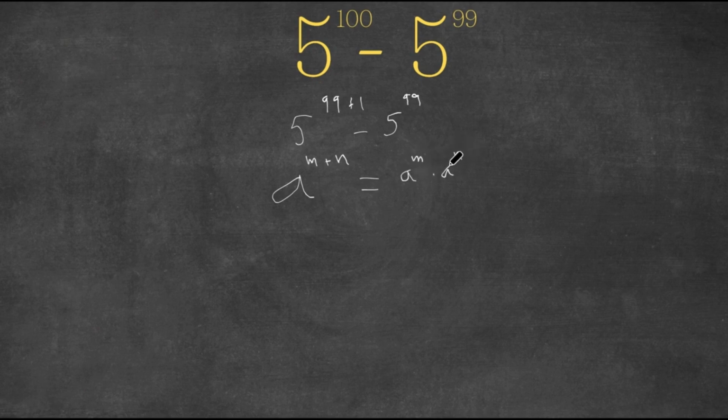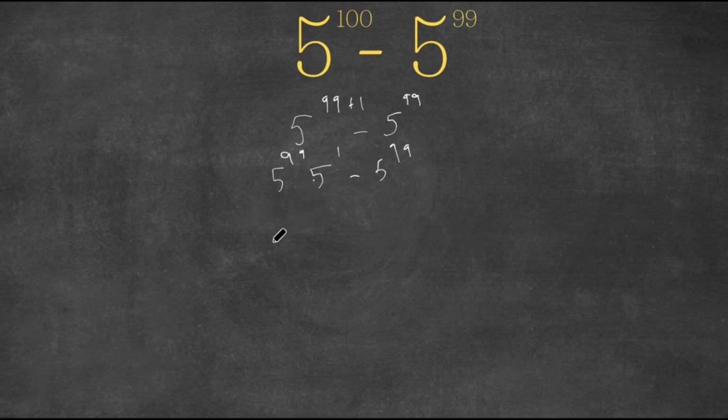Because remember, when we're multiplying exponents with the same bases, we add the exponents together and keep the base. And we're essentially reversing this. So let's convert 5 to the power of 99 plus 1 into 5 to the power of 99 times 5 to the power of 1. And we're still subtracting 5 to the power of 99.